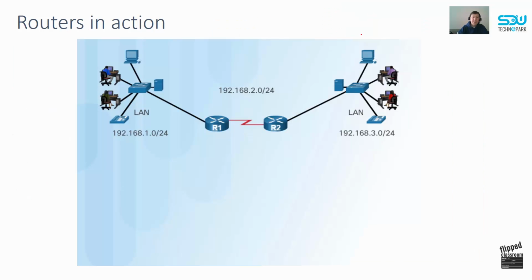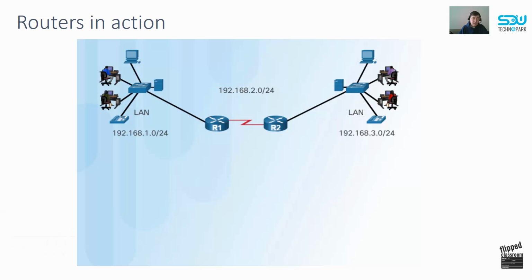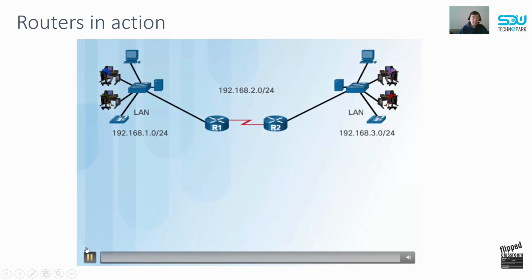Alright, let's take a look at routers in action. Here we have three networks, network 1, 2, and 3, and we have interconnection between them by using two routers.